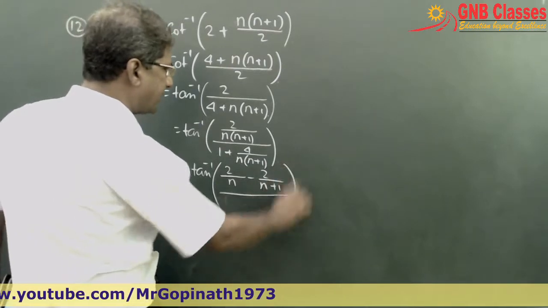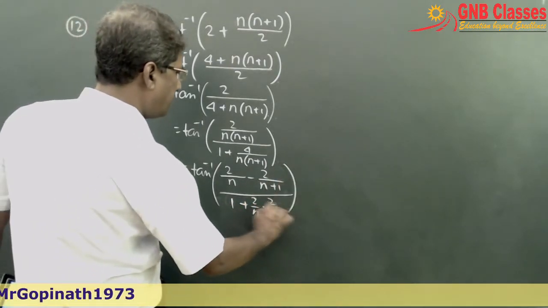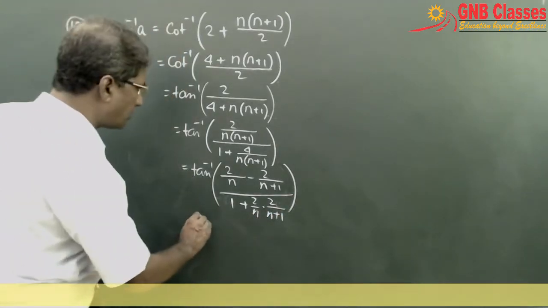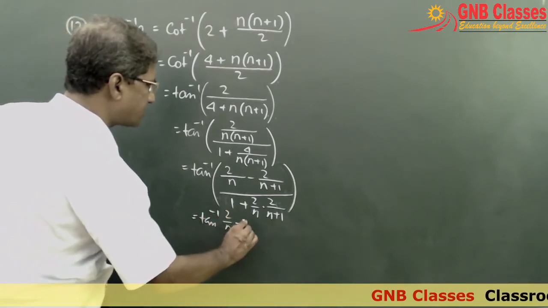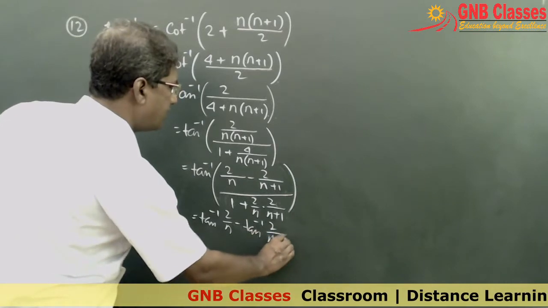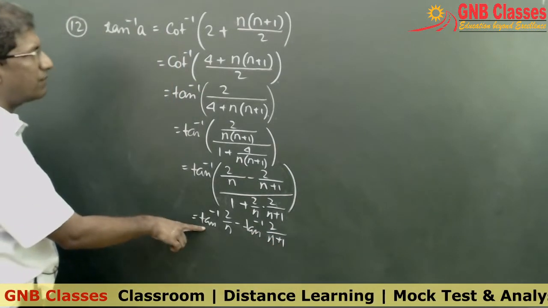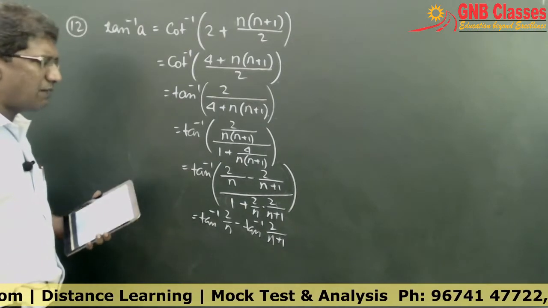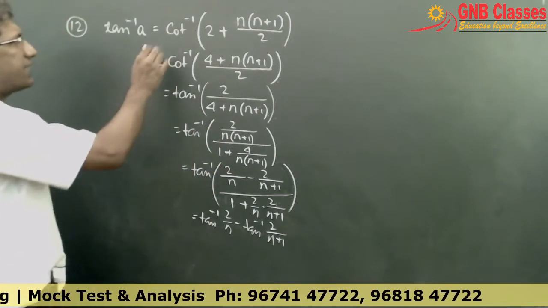And in the denominator we are getting the same thing. So this can be written as tan inverse 2 by n minus tan inverse 2 by n plus 1. So your tan inverse A is nothing but tan inverse 2 by n minus tan inverse 2 by n plus 1.